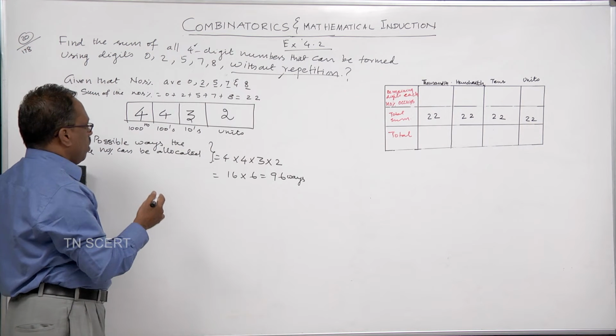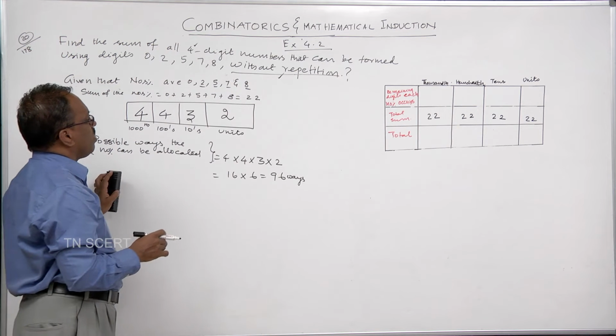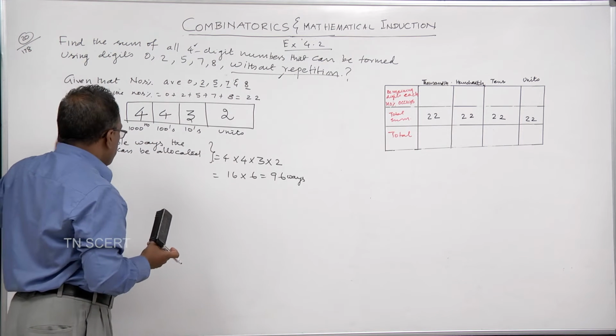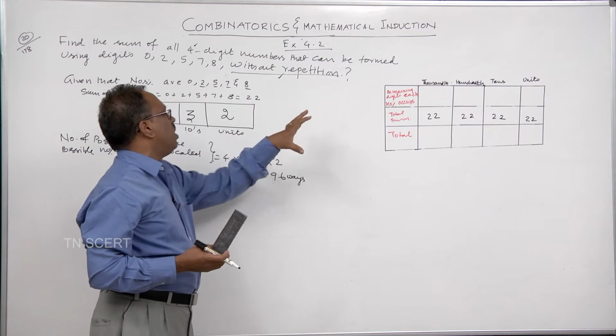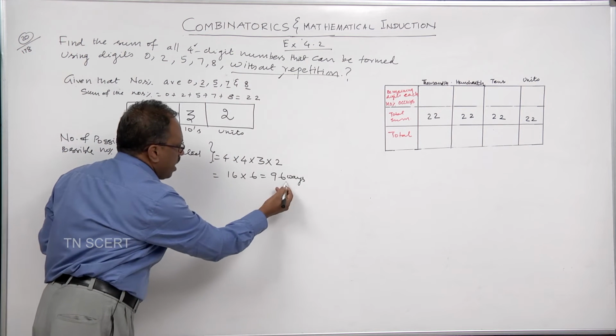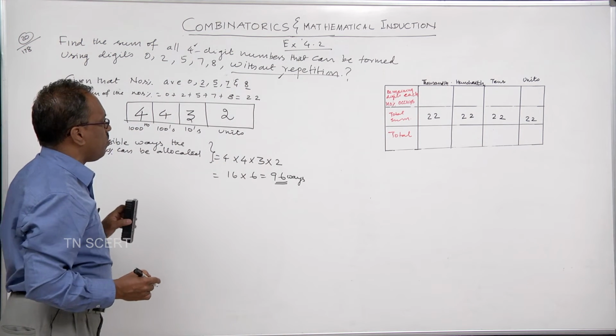Now let me take the things here. In this, how the remaining digits, the numbers are to be filled. Now 96 ways numbers are to be filled.